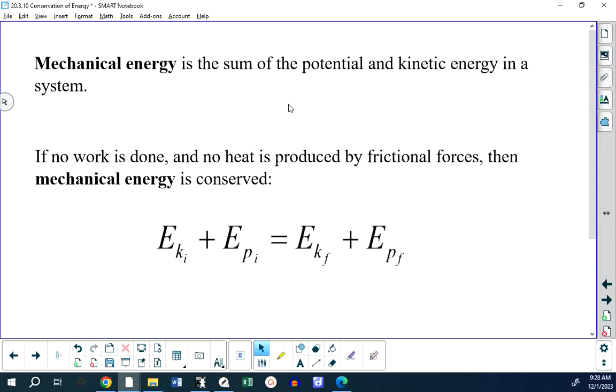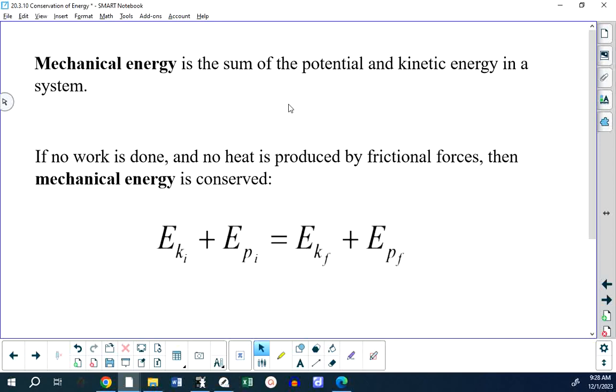Yesterday we learned about what mechanical energy is. Mechanical energy is the sum of kinetic and potential energy in a system. And we talked a lot about pendulums, but it could also be any situation where you have mechanical energy being conserved. What that means if mechanical energy is conserved is that there's no work being done.